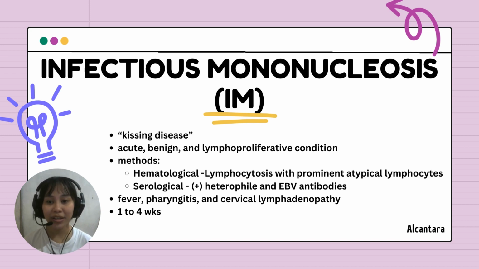In the laboratory, it is difficult to make a diagnosis with just the classic signs and symptoms, which are the manifestation triad: the fever, pharyngitis, and cervical lymphadenopathy, which lasts for 1 to 4 weeks. Therefore, serological antibody testing is used to establish a standard diagnosis.